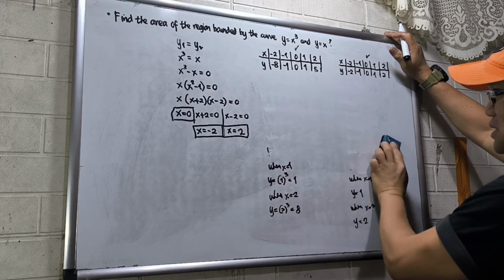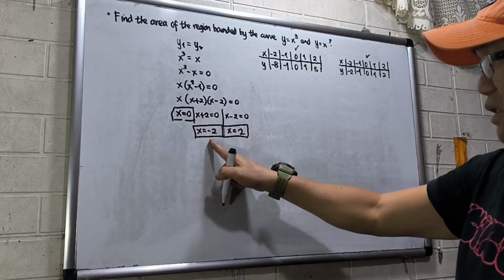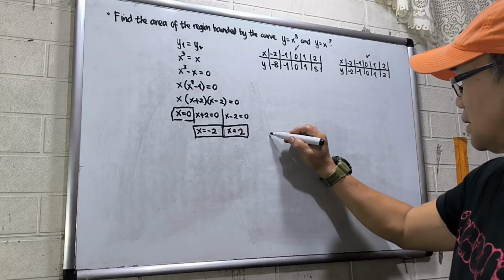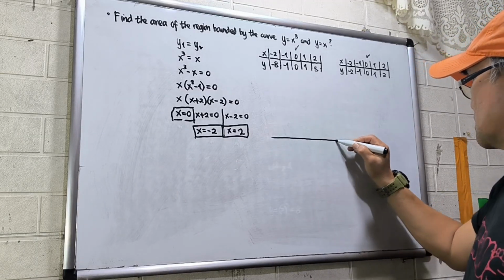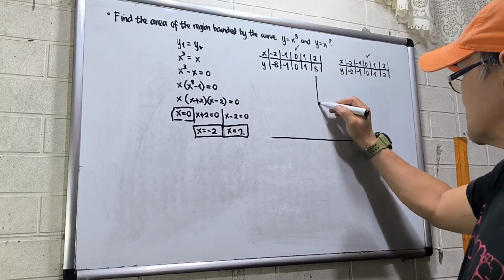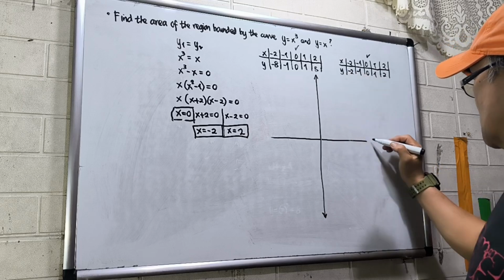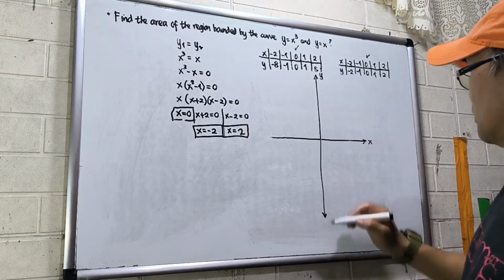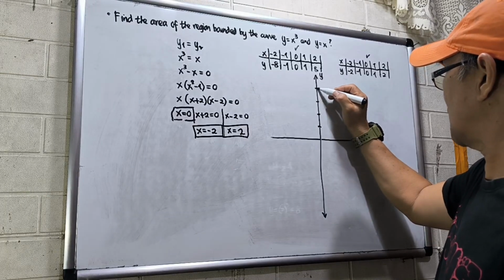I will use this portion. Take note, we will just pass 0, negative 2, and we'll start from negative 2 first. This will be X, and then this will be Y. This will be 2, 4, 6, 8.